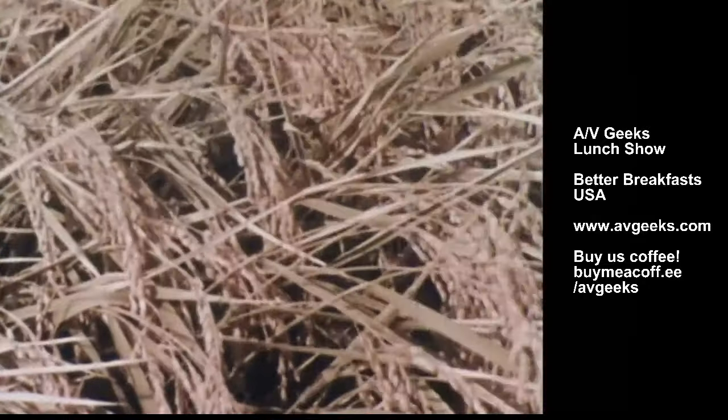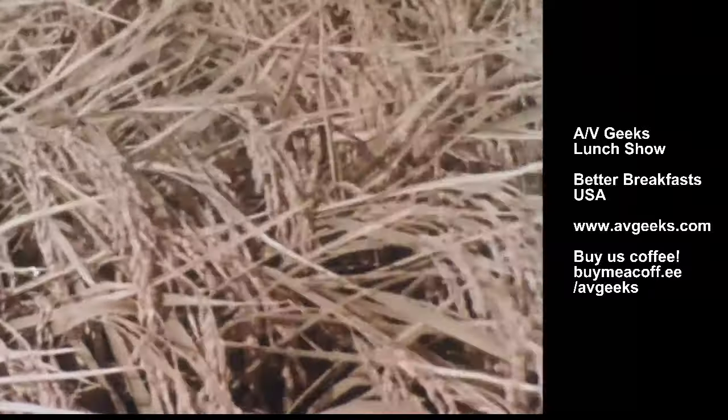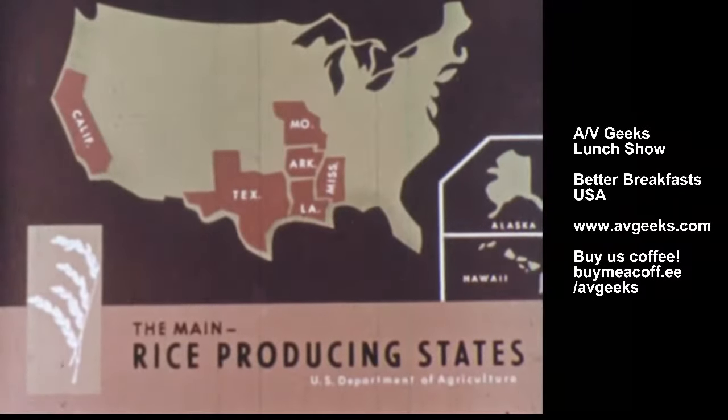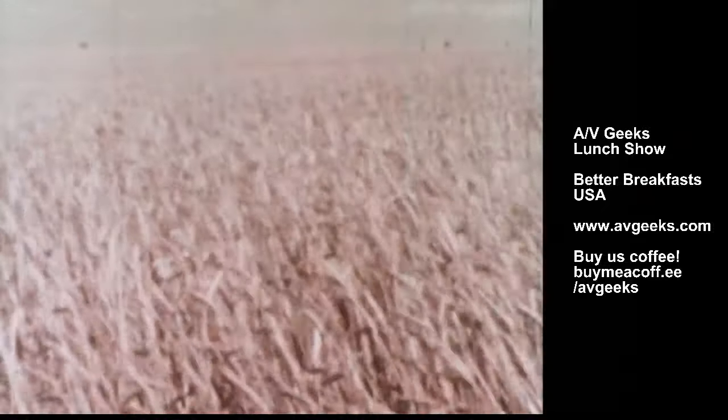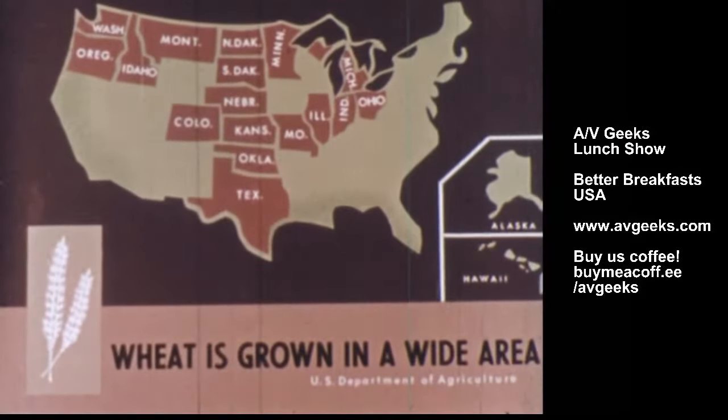Rice is grown on coastal plains, deltas, and river basins in tropical and temperate regions. There are many different kinds of wheat, and it is raised in a wide area.